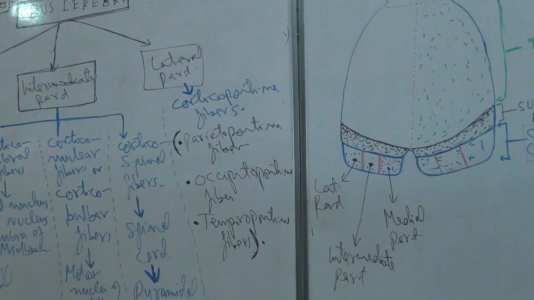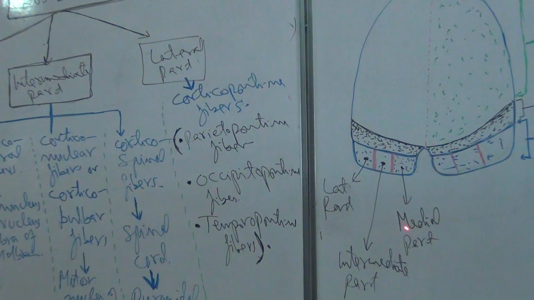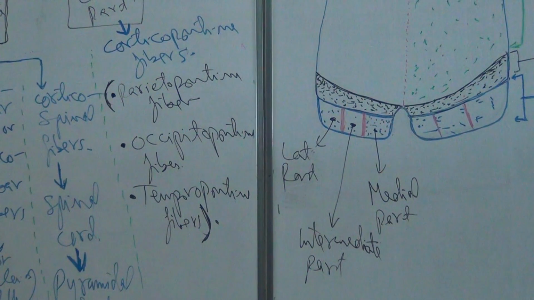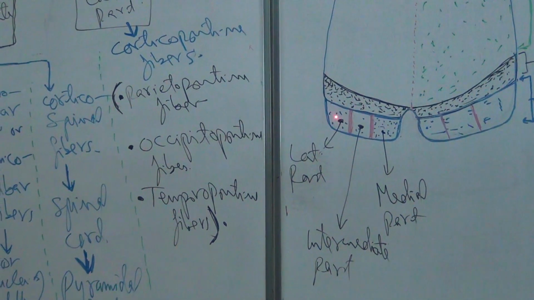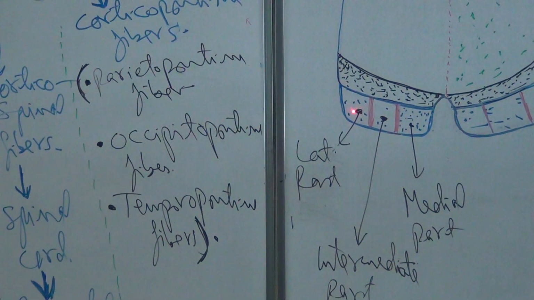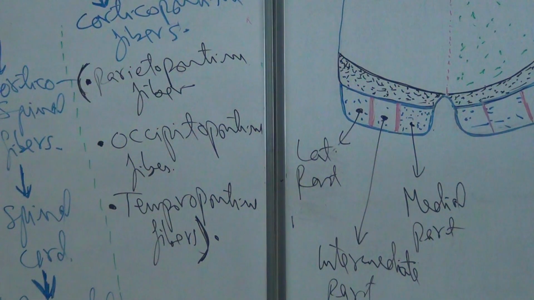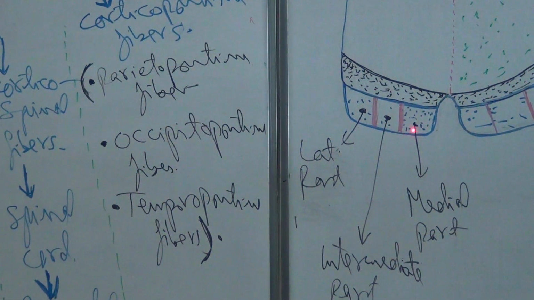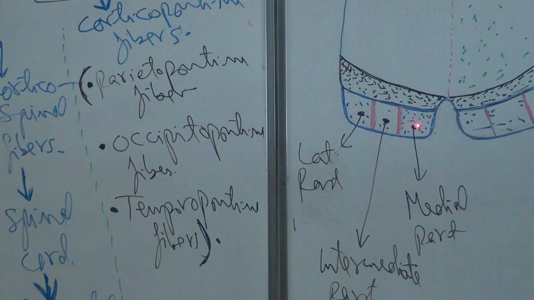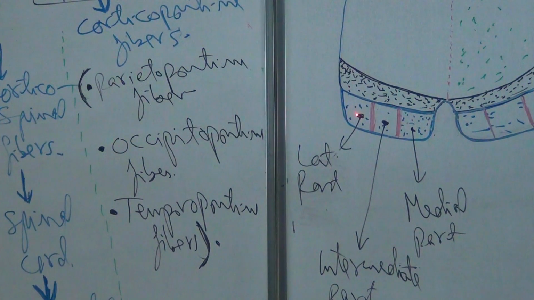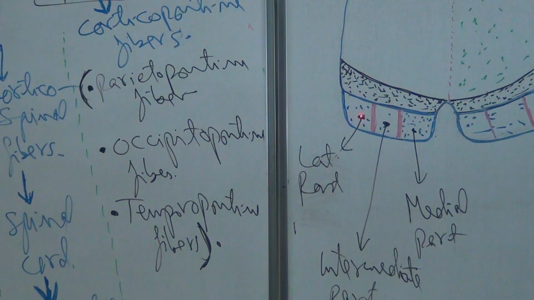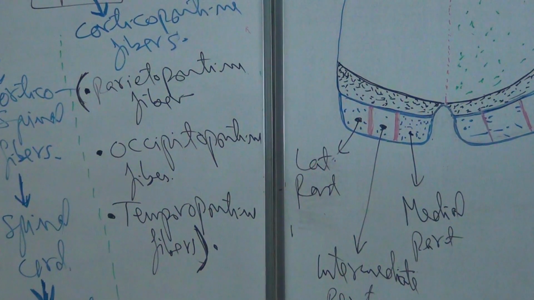The corticopontine fibers of the medial part are frontopontine because they arise from the frontal lobe cortex, while those descending through the lateral part arise from the parietal, temporal, and occipital lobes. So frontopontine fibers descend through the medial part, and parietopontine, occipitopontine, and temporopontine fibers descend through the lateral part of the crus cerebri.